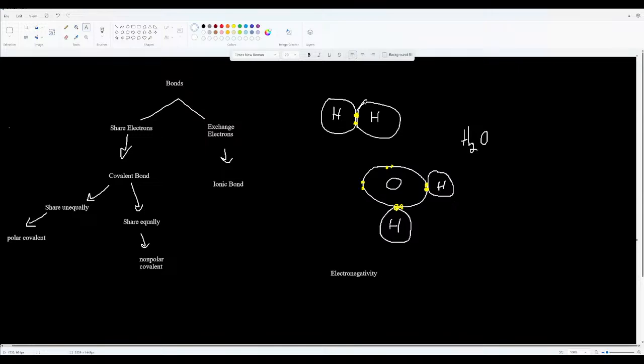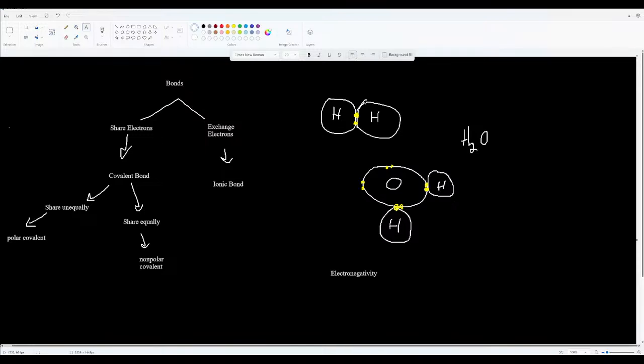Electronegativity. Right, so electronegativity, every single element has its own electronegativity value. Hydrogen has like an intermediate amount. Oxygen has a very high amount. So what the heck does electronegativity even mean?